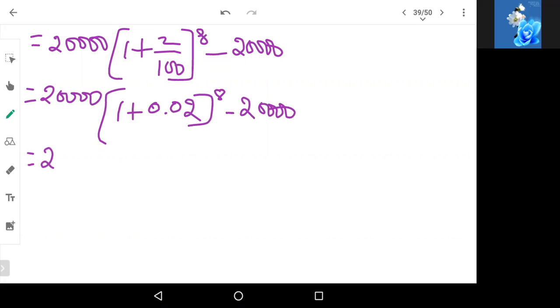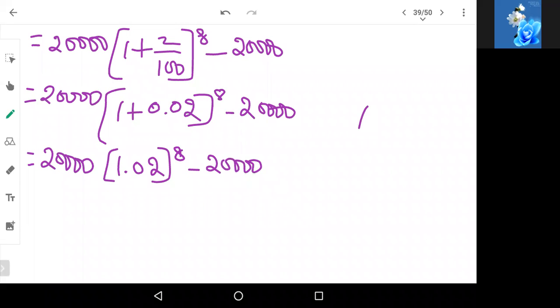So 20,000 into 1.02 to the power 8 minus 20,000. Now multiply 1.02 8 times. 1.02 into 1.02 into 1.02 into, like this you have to calculate for 8 times. Okay. So what is the value that you get if you multiply 8 times?